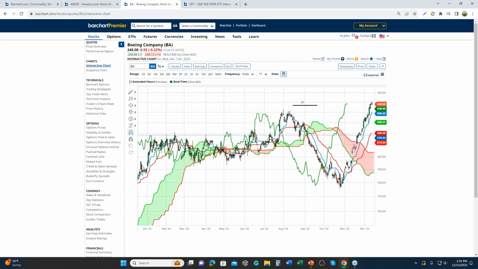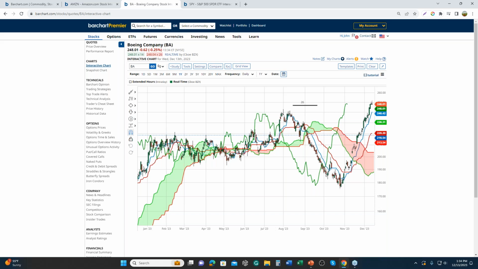So, for instance, here I'm in Boeing, and I've just opened up my chart. I have the study up. We have to talk about the future cloud. A lot of platforms, including Barchart, depending on how you set your settings for your templates or your charts, your site preferences, you might displace maybe 2 or 3 or 5 spaces to the right.